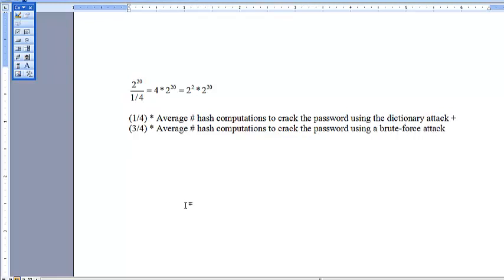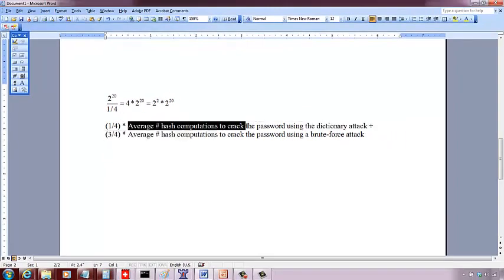Okay. Now, what is the average number of hash computations to crack the password using the dictionary attack?